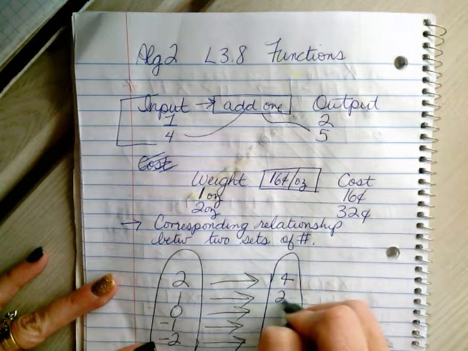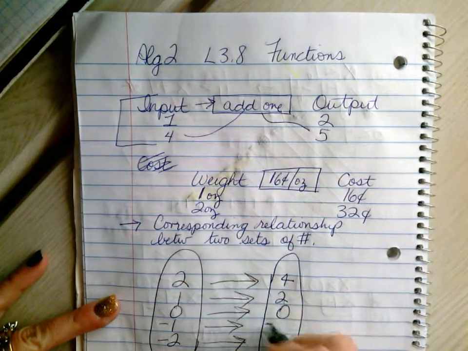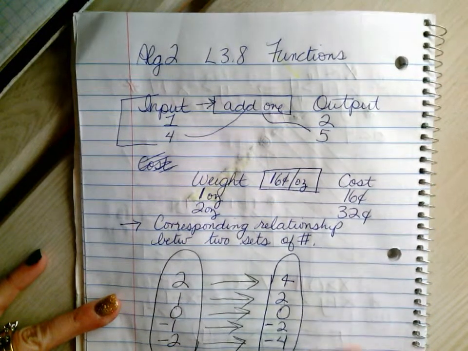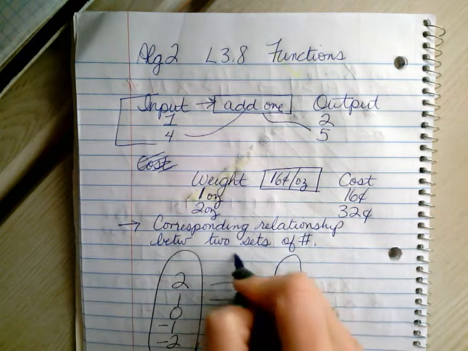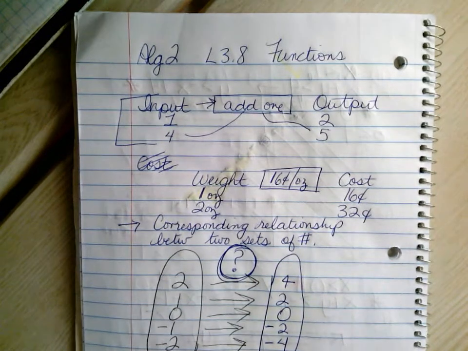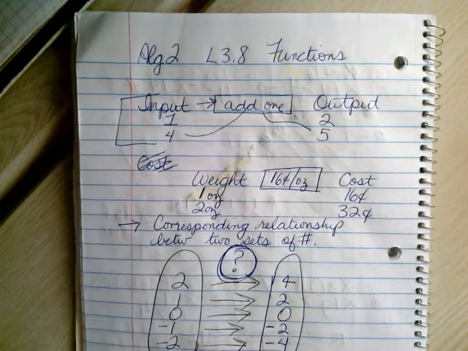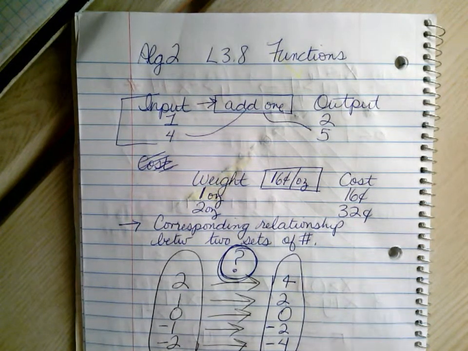And then 4, 2, 0, negative 2, negative 4. You can probably look at this and see that what is causing this to happen is simply a double, right? Multiply by 2. And that gave you the range.